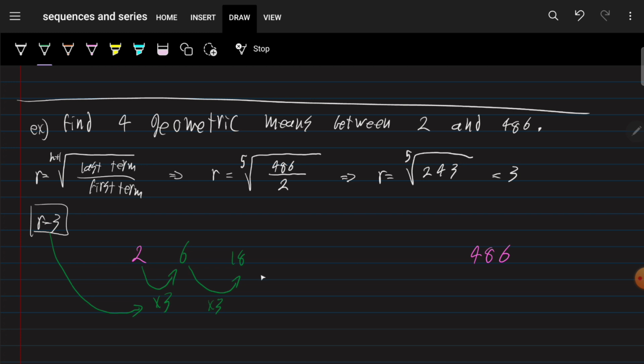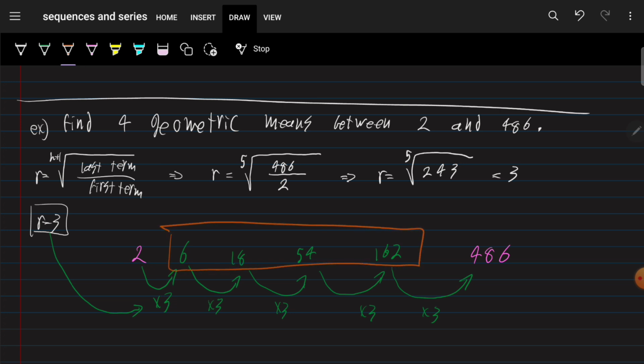Then 18 times 3 is 54. Then 54 times 3 is 162. Those are the 4 geometric means. As a check, 162 times 3 should give 486, and it does. So the 4 geometric means are 6, 18, 54, and 162.